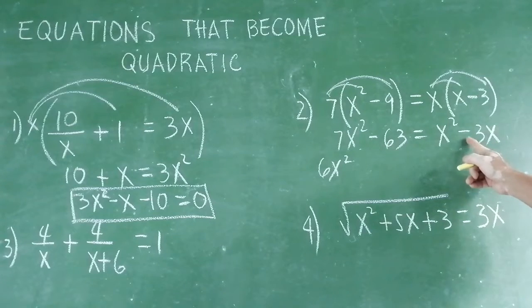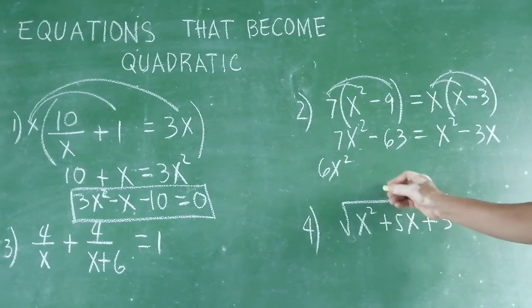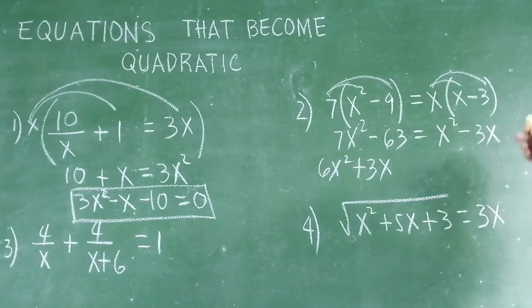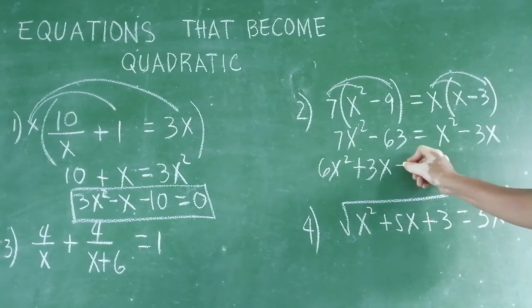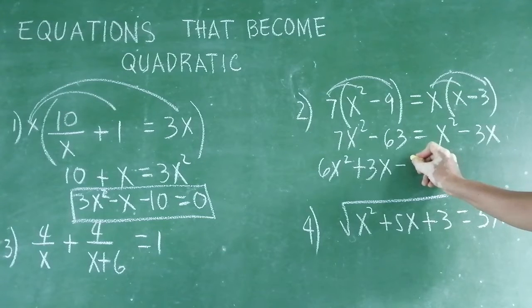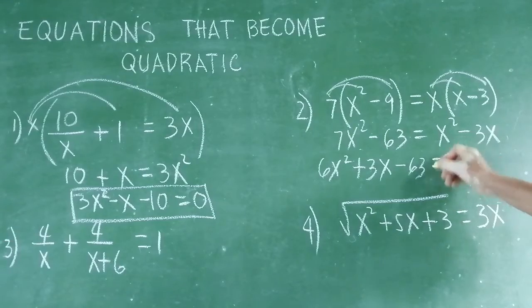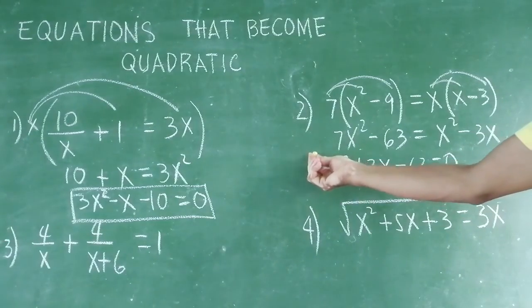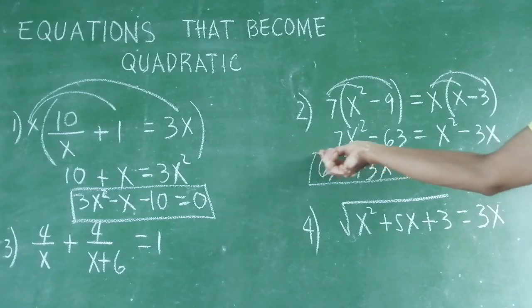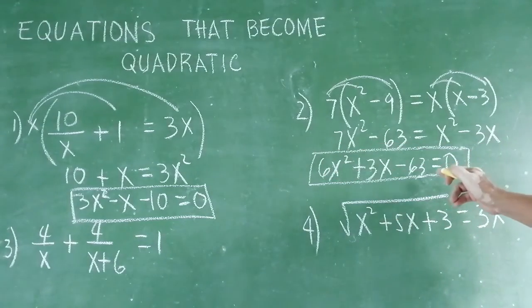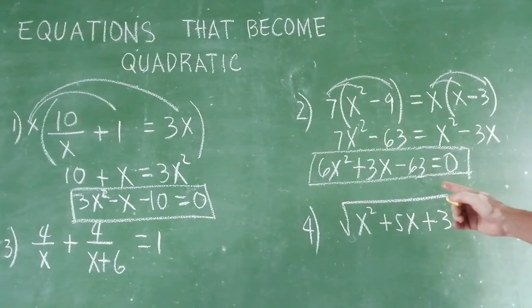Transpose this, negative 3x will become positive, so that will be plus 3x, and minus 63 will be equal to 0. So it's already a quadratic equation. 6x squared plus 3x minus 63 equals 0. You can also reduce that, but for the meantime it's alright.